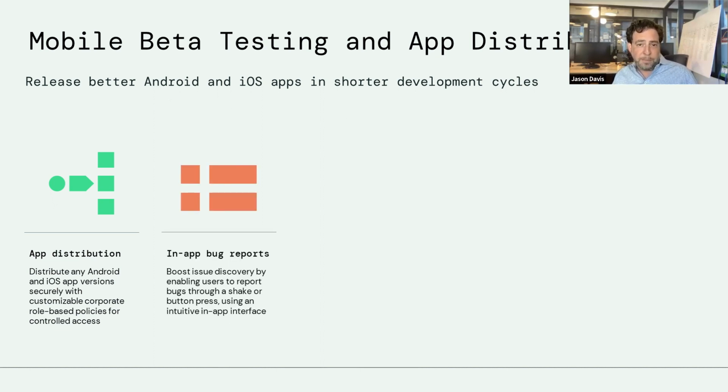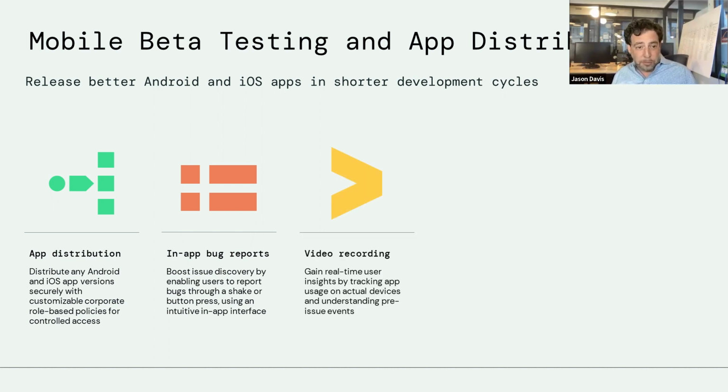Once you're distributing the app and your app is instrumented, you can do things like in-app bug reports. So the shake of the device will allow the tester to annotate and provide some user feedback. So in addition to your testers providing their quantitative and qualitative feedback, you can get qualitative feedback from end users themselves. To support that feedback, video recording is there.